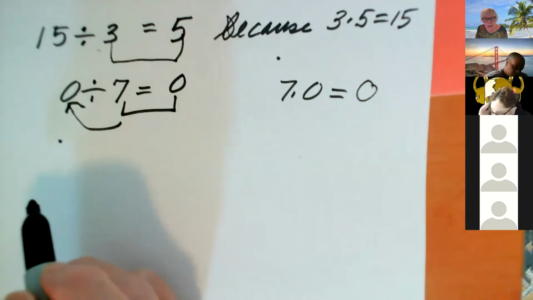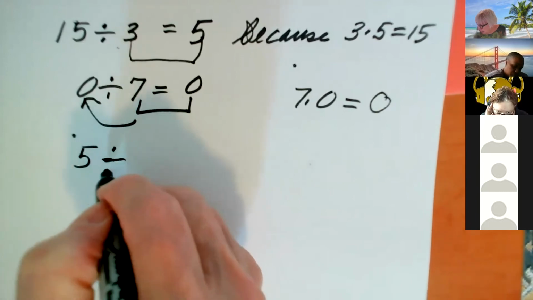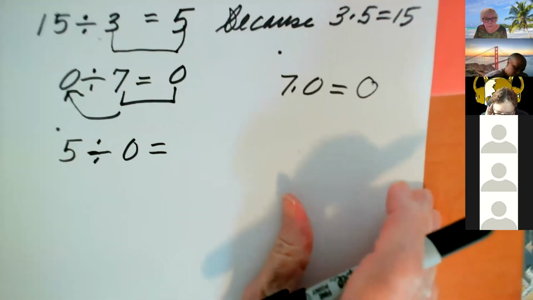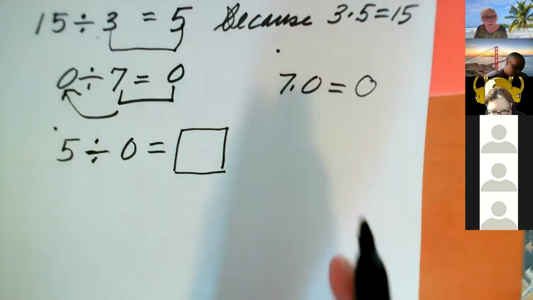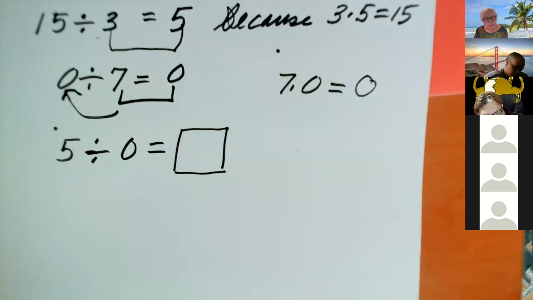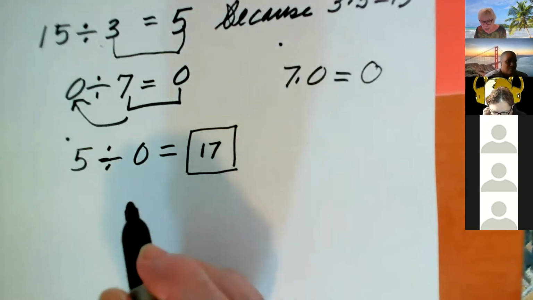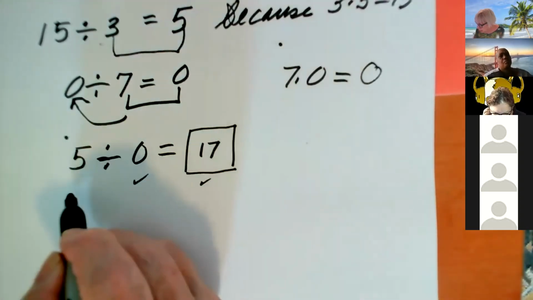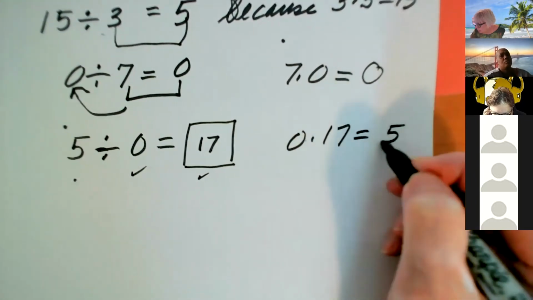But now let's do a funny one. 5 divided by 0. I say the answer is 17. Okay? You're going to play along with this? If that was the correct answer, then this times this would give me that. Well, it doesn't, does it?